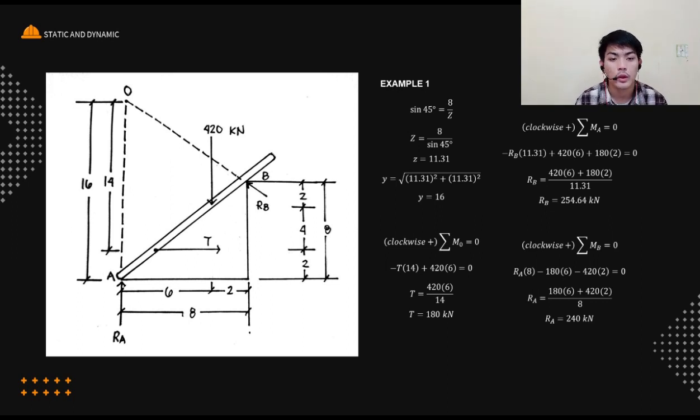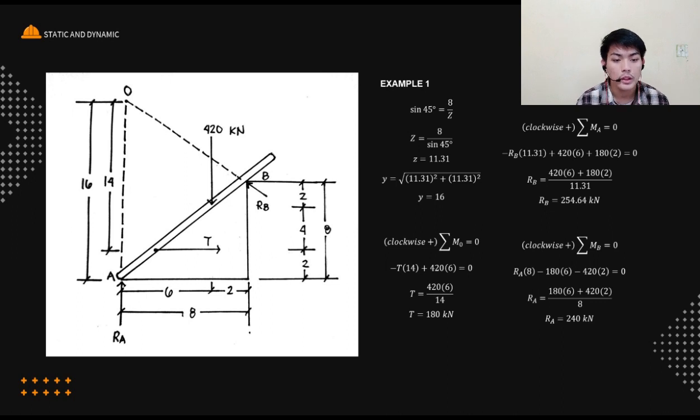Moving forward into our solution, we take a clockwise positive summation of our moments equal to 0. Our first moment, the tension T, plus 420, which is the force of the rod, with its moment arm being 6, equals 0.